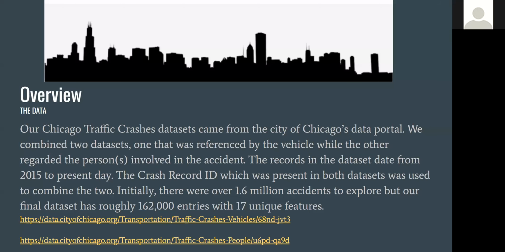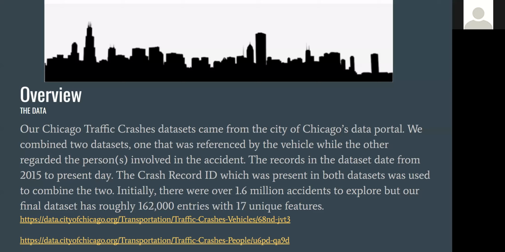A little overview about our data. The data that we used was from the City of Chicago's data portal. And we used two data sets. One was about the vehicles that were involved in accidents, and the other one was about the people who were involved in accidents. And both data sets had crash ID. So that's how we were able to join the two data sets into one.